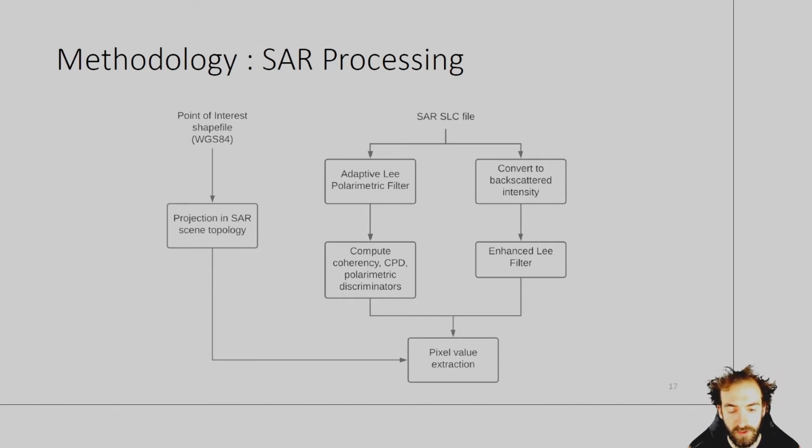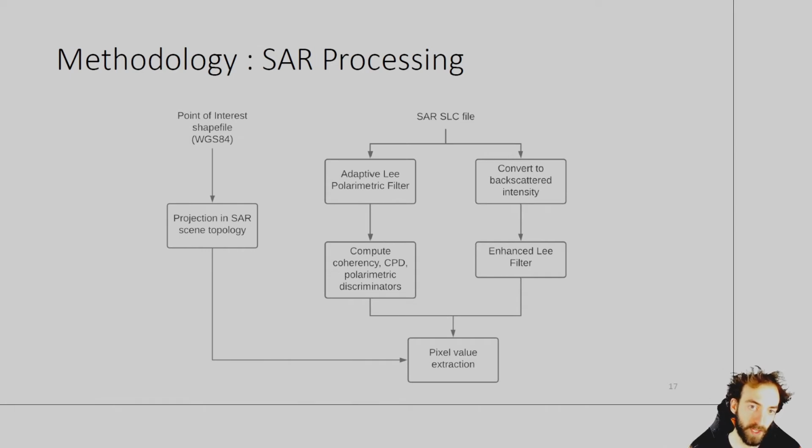Now for the pixel extraction, what I noticed in preliminary work that is not shown is that orthorectification of the image can severely alter the values that are present in the image, and therefore I chose to work only in SAR topology.